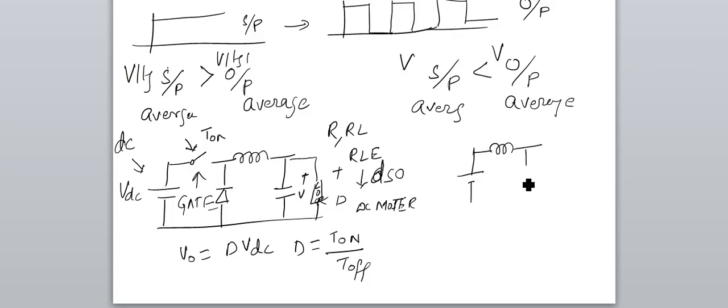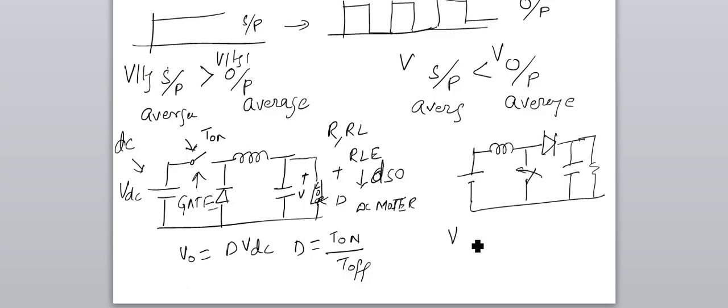This will be your inductor, and this is our circuit, and there will be a load. Again this is a VDC input, and here the switch is connected on this side like this. The same elements are used here also, but it's a different circuit diagram.